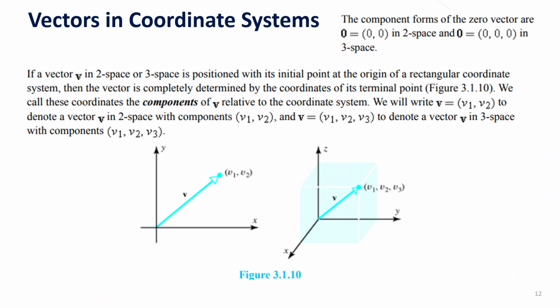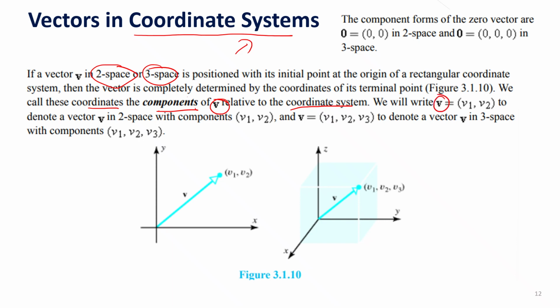Now, since a vector is concerned not only with its magnitude or length, but also its direction, it is common, when you have a two-dimensional or three-dimensional space, to use a coordinate system to represent the vectors. For two-dimensional vectors, you will have coordinates that represent vector v, whose components are relative to the coordinate system.